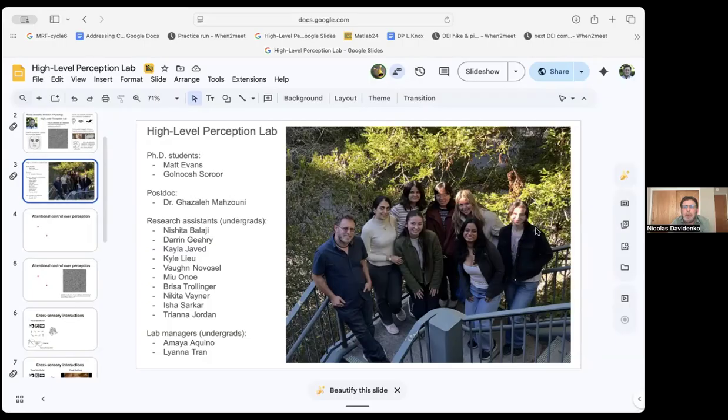Everyone else here is an undergrad research assistant, including Amaya, who is currently one of my lab managers as well. But we typically have about 10 to 15 undergrad RAs in the lab helping in different ways.